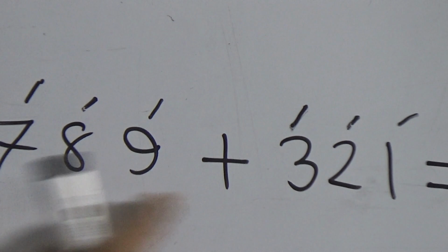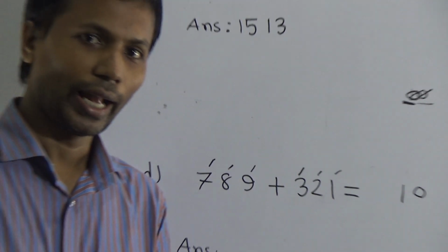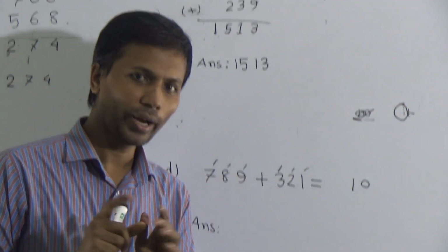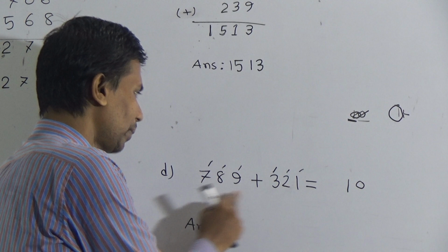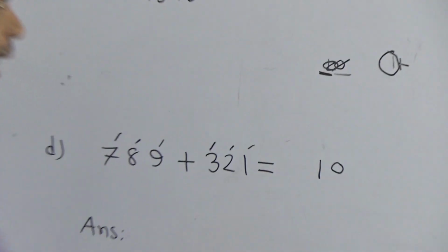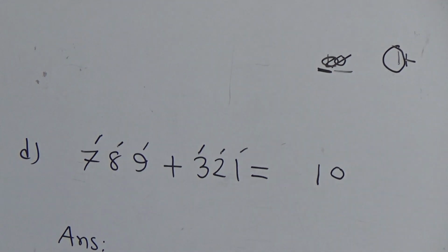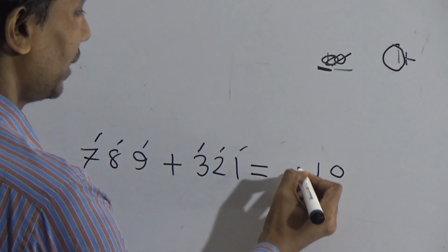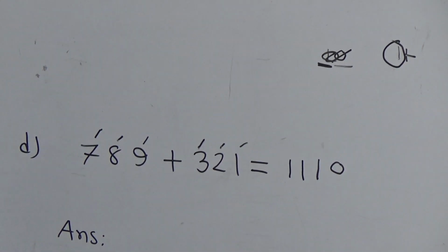That means 7 plus 3 equal to 10. And how many do you have in your hand? 1. That means 10 plus 1 equal to 11. Right here 11.